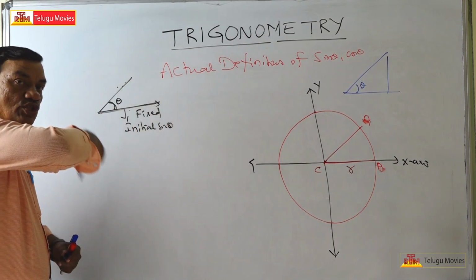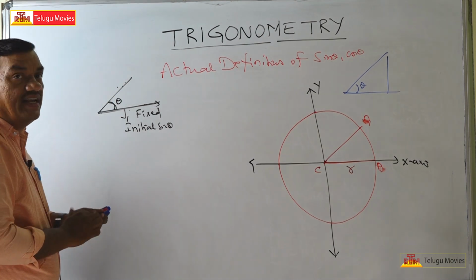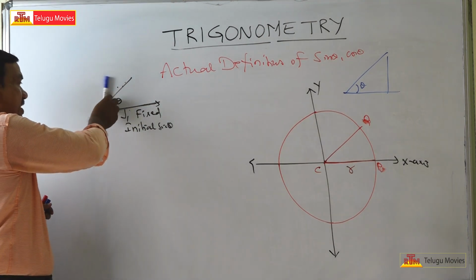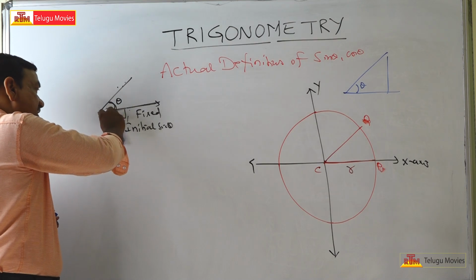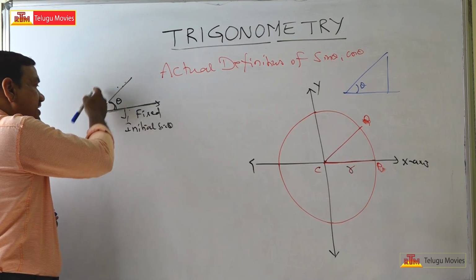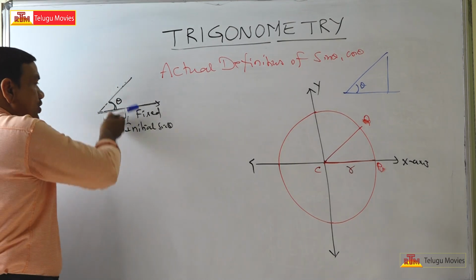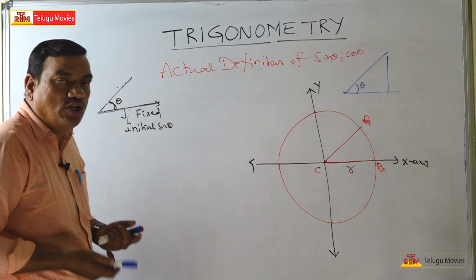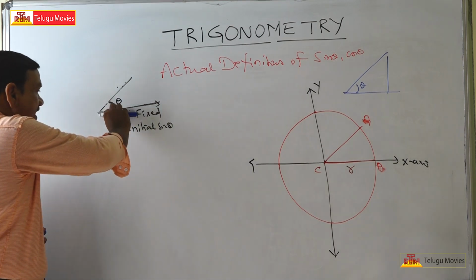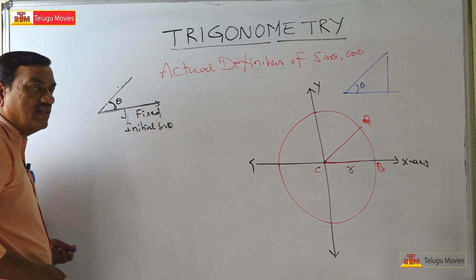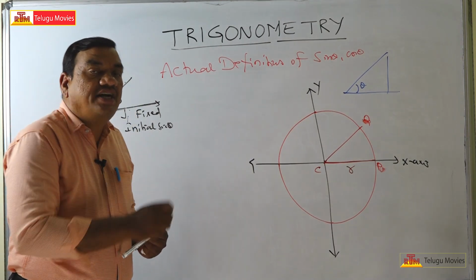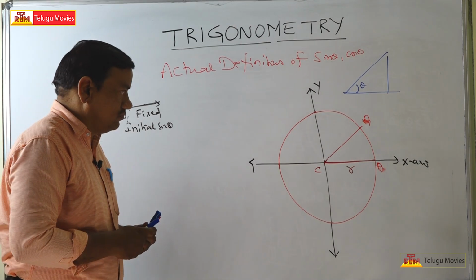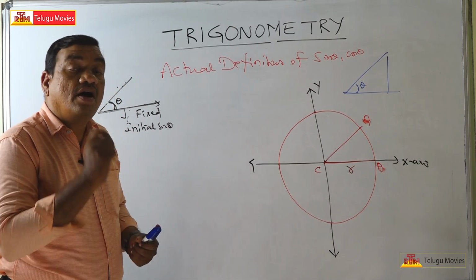Another one is rotating. It may rotate in an anti-clockwise direction, or it may rotate in a clockwise direction. If it rotates in an anti-clockwise direction, the angle formed is treated as a positive angle. If it rotates in a clockwise direction, then the angle is treated as a negative angle.